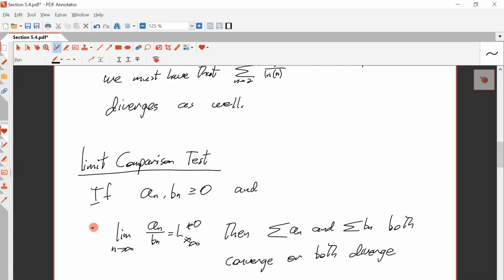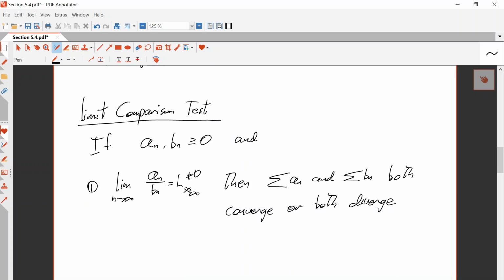Okay, so that's the first item in the limit comparison test. You've got a limit, and the limit is neither 0 nor infinity, then both series for a_n and b_n both converge or both diverge.